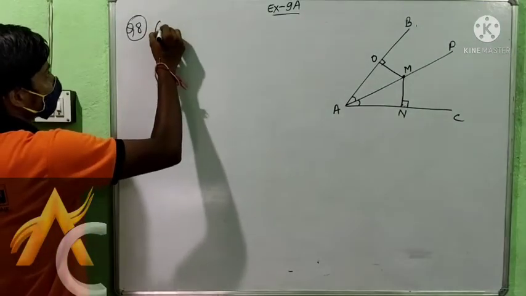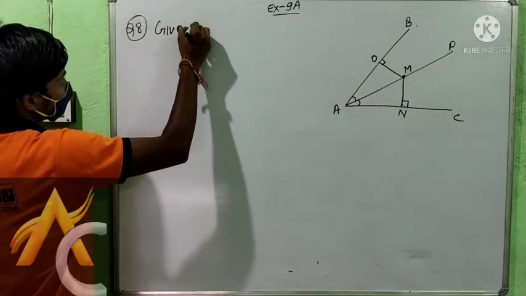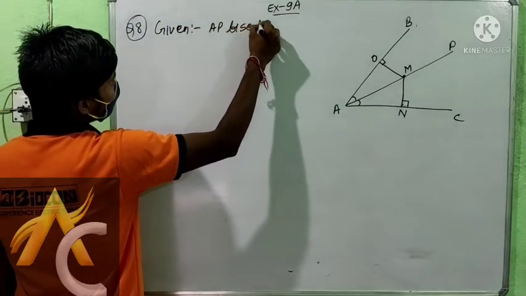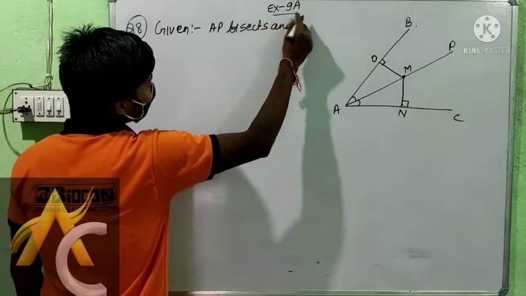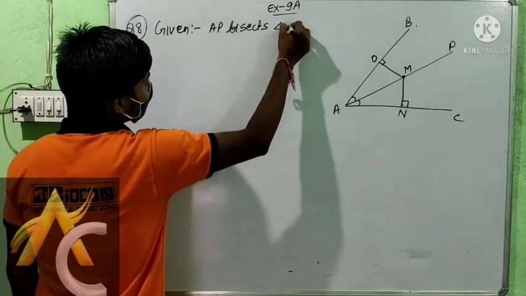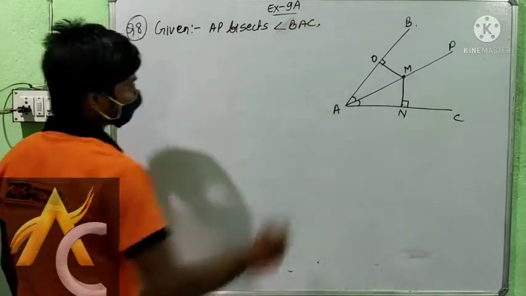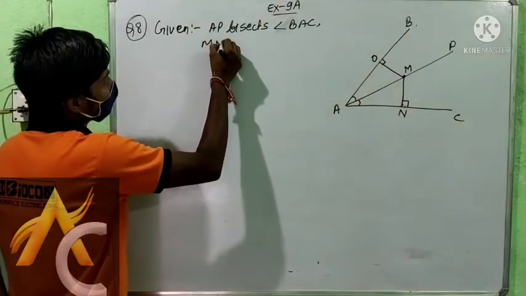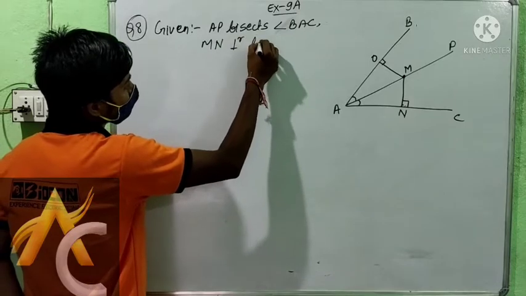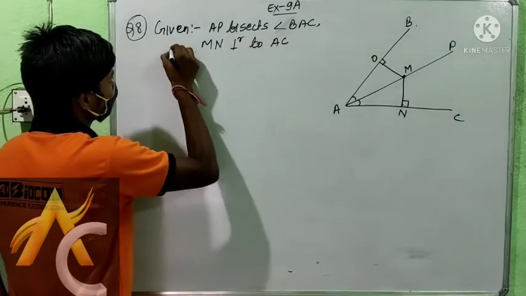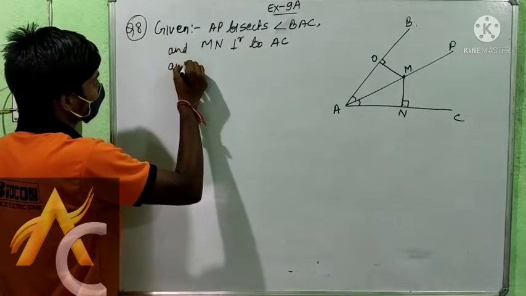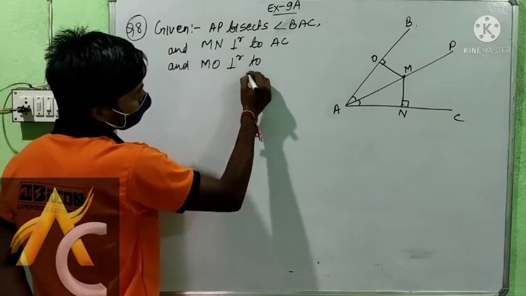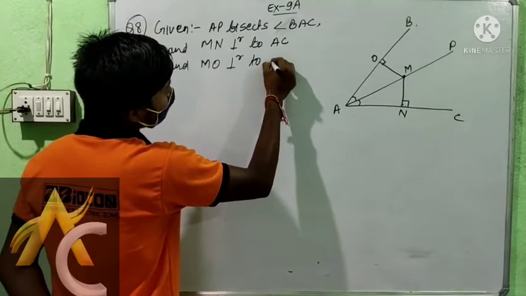Okay, so what is given? AP bisects angle BAC. Okay, and also it is given that MN is perpendicular to AC and MO is perpendicular to AB.